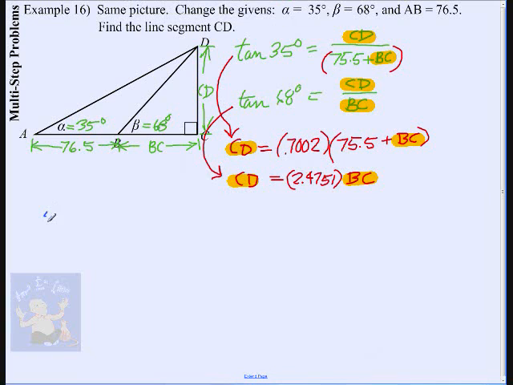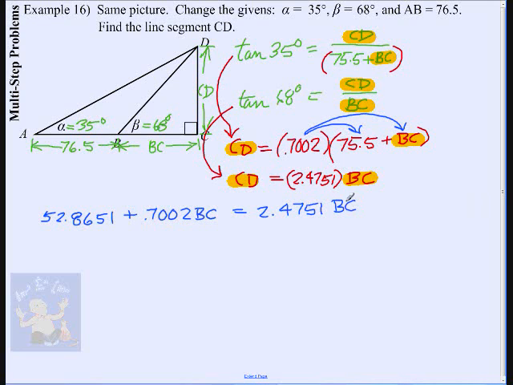So I can say 52.8651, that's this distribution, plus 0.7002 BC is equal to 2.4751 BC.